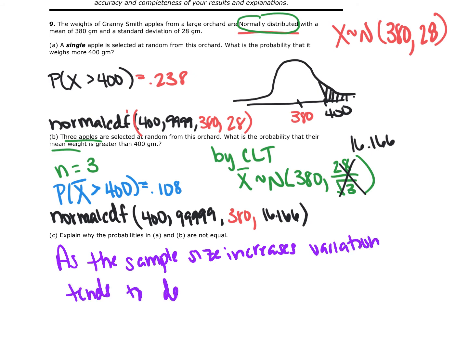And that's because when you increase the sample size, you're starting to make the sample itself look more and more like the population. So as we increase the sample size, we're going to decrease our variation. By decreasing the variation, you actually decrease the probability of rare events occurring here.